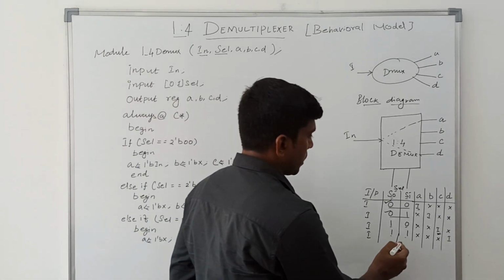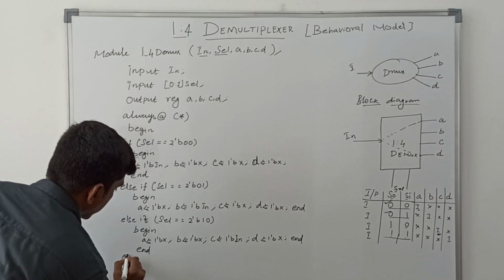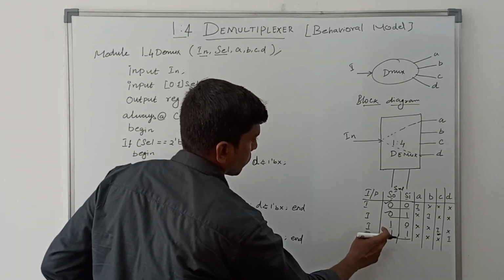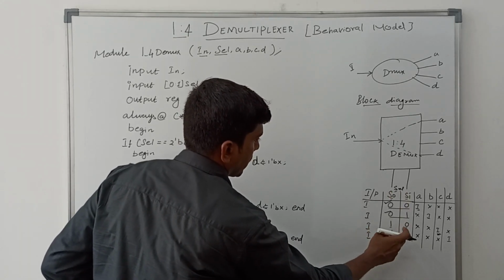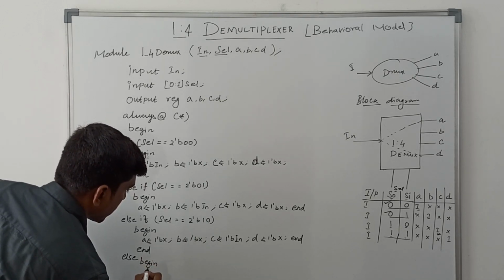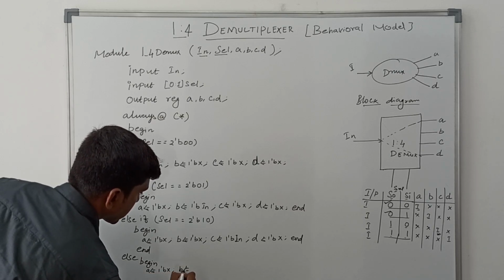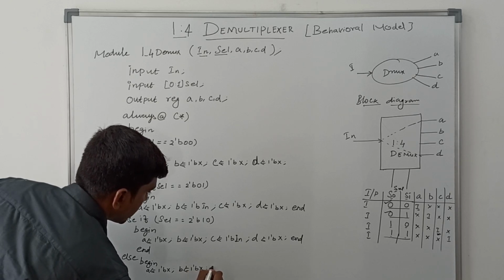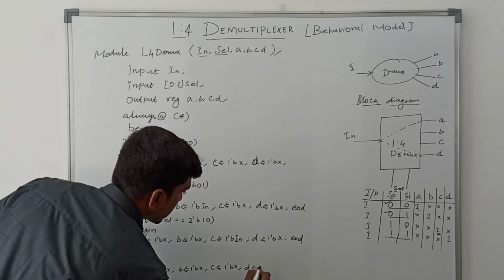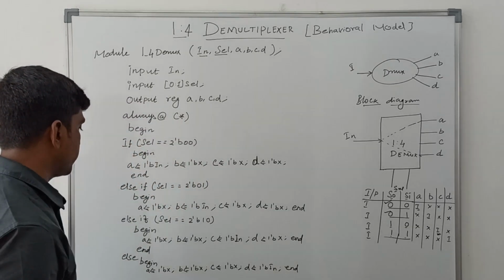Then the final case, both values are 1 1. All the three cases are false, and finally it reaches the final statement, S0 value 1, S1 value 1. In this case, begin. A assign don't care, B assign don't care, C assign don't care, D assign input, and end.